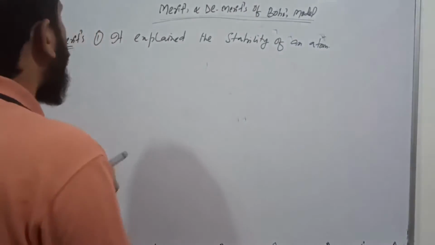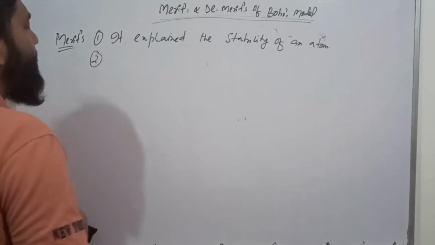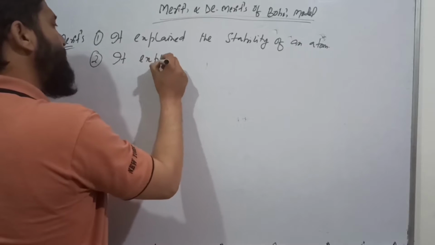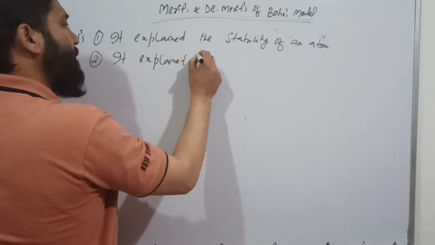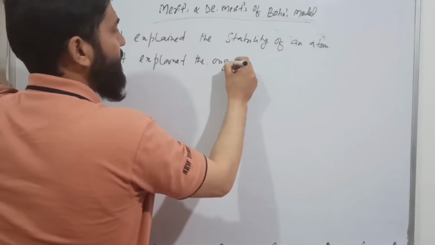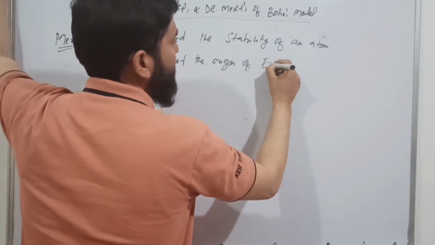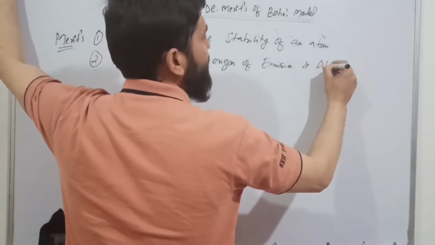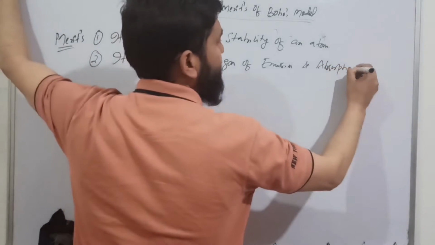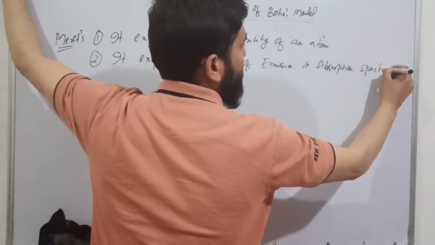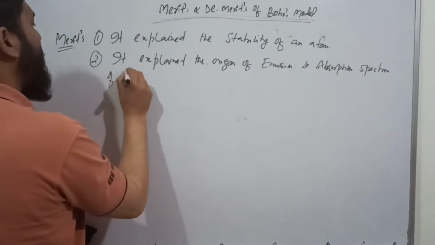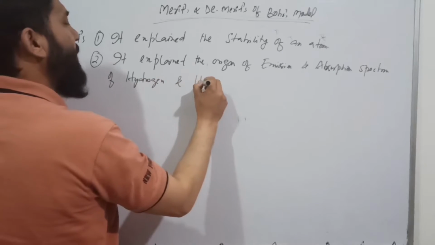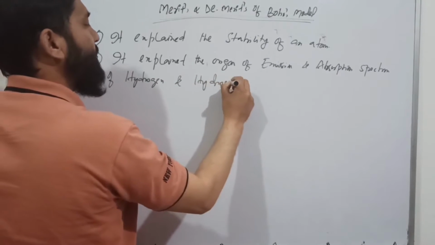Second merit or use of Bohr's model is it explained the origin of emission and absorption spectrum of hydrogen and hydrogen-like species.